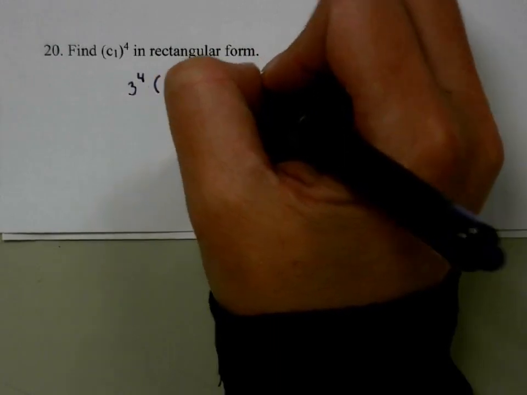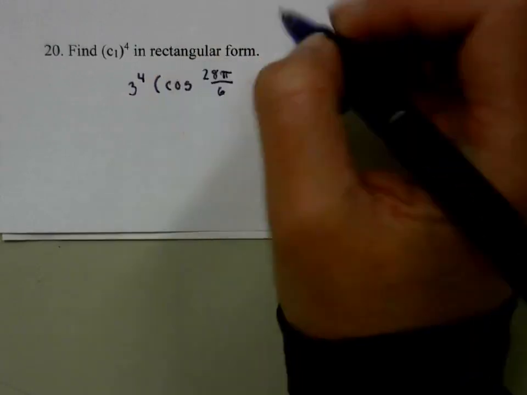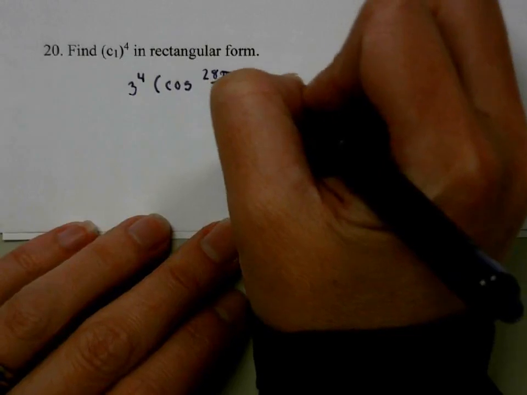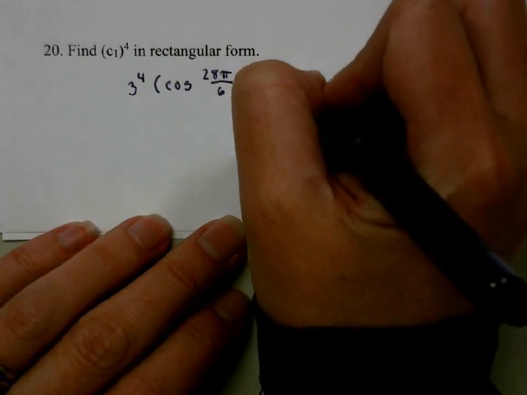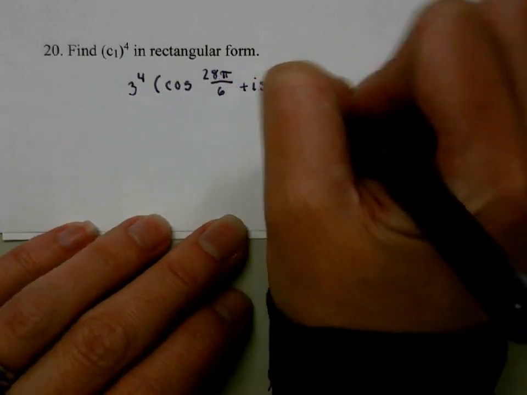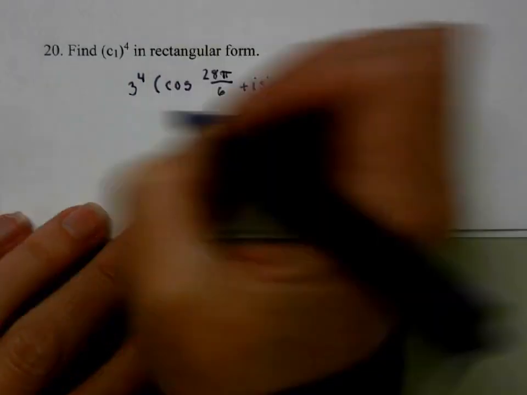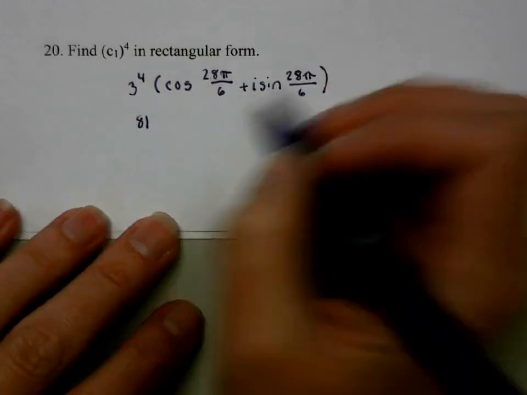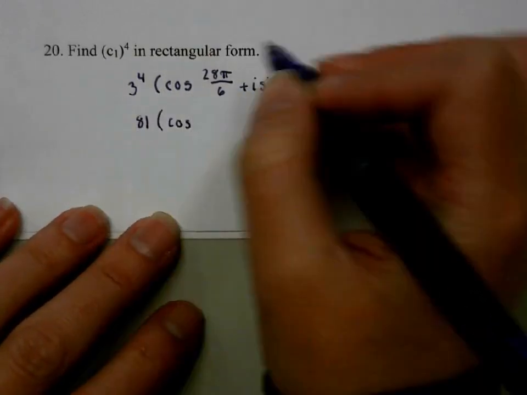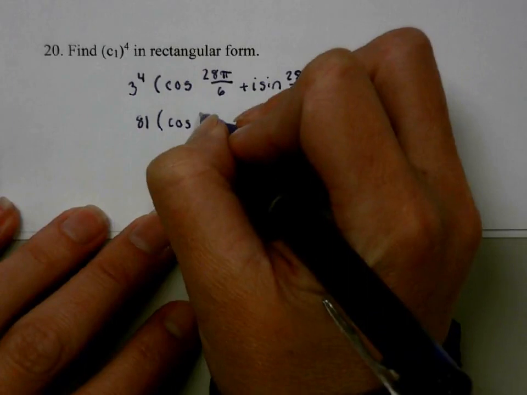Okay, so we've done the work here, but now we need to get this into rectangular form. 3 to the 4th is 81. First, I'm going to reduce this fraction and make this 14 pi over 3. Okay, which is not on the unit circle.